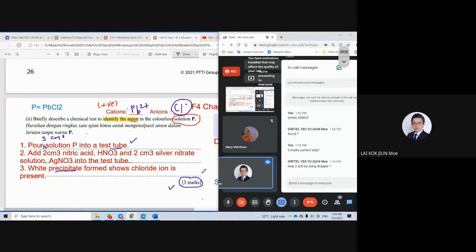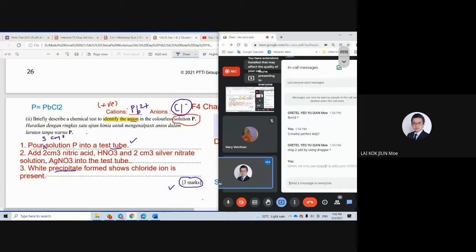Okay, step 2, add by using dropper. Very good. You want a dropper. A dropper is only specific for the concentrated sulfuric acid. Remember, we only use a dropper to add concentrated H2SO4.